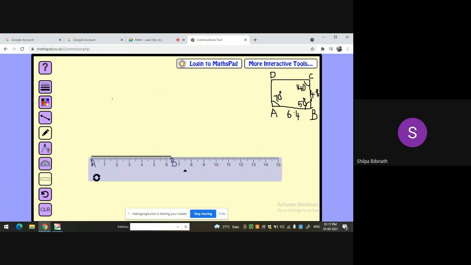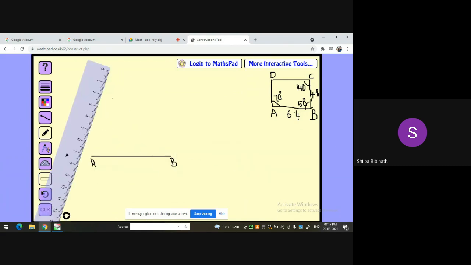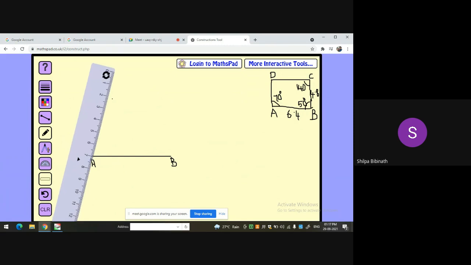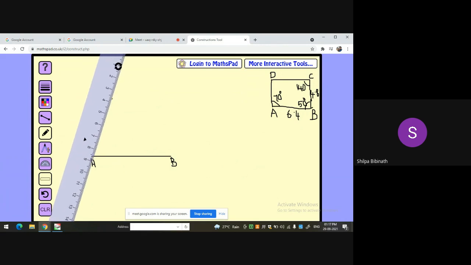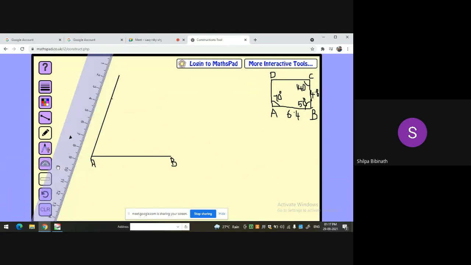Now take your scale and join it. Now here mark it 70 degree.